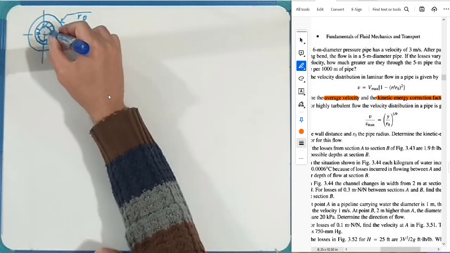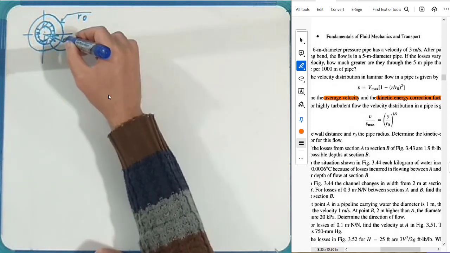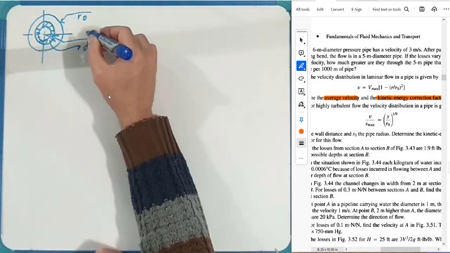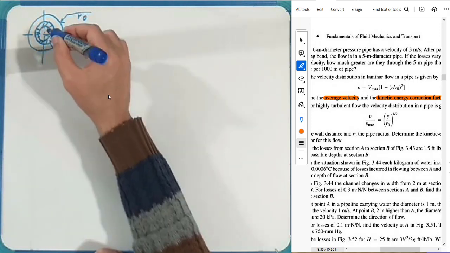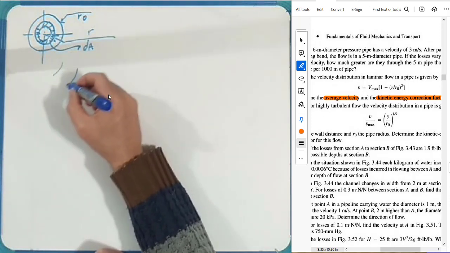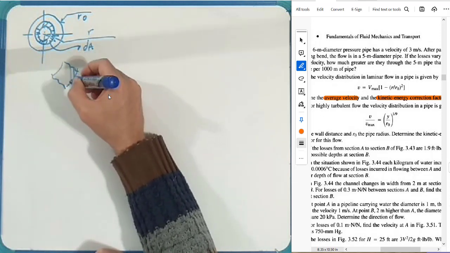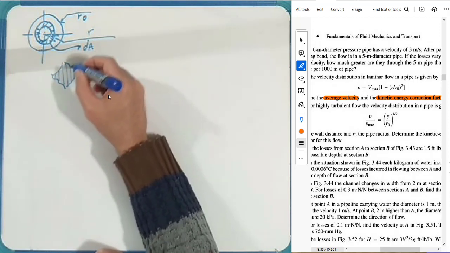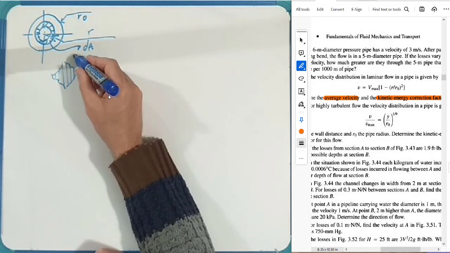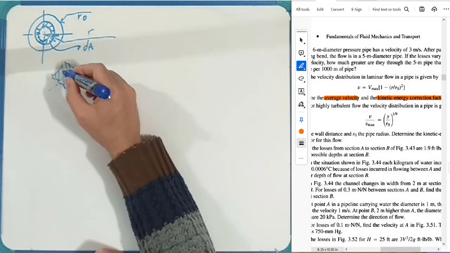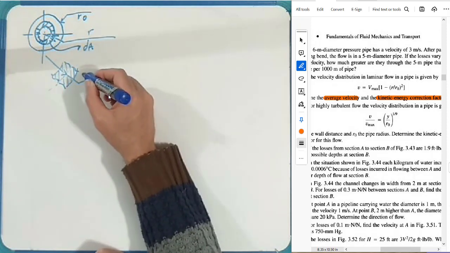The radius here is R. Between these two lines, let me draw it for you. This is a section of the area here, and from the center of the circle the radius is R.